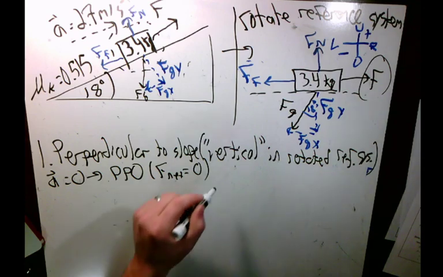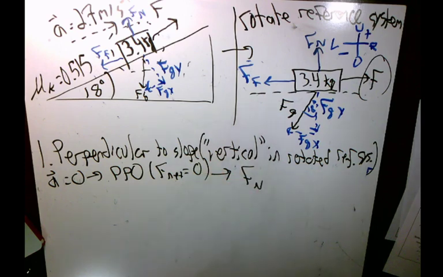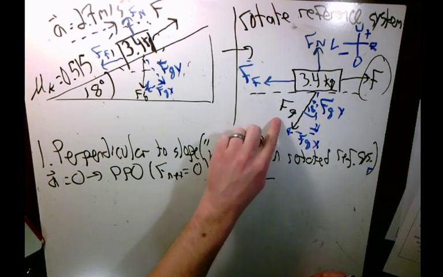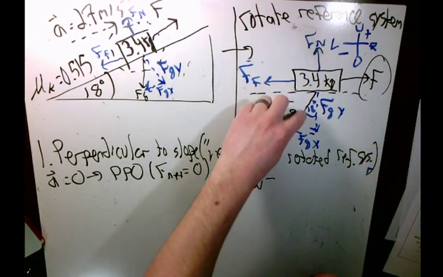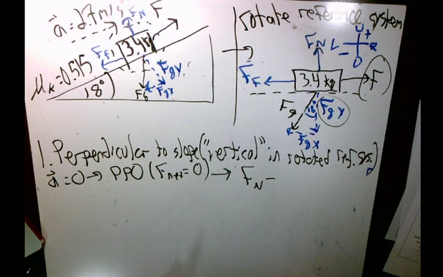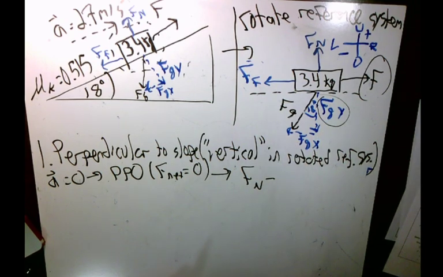Okay, so I know that my Fn, my normal force, minus, in this vertical direction, I've broken up force of gravity into its two components, so I'm no longer concerned with force of gravity. In a straight down direction, I'm looking at its components relative to my new rotated reference system.